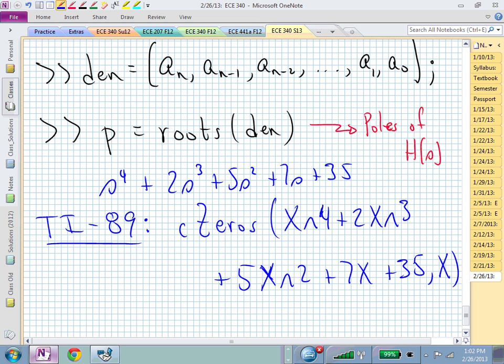So this is how this function works on the calculator: you've entered in the polynomial, and now you're telling the calculator, I want you to evaluate for the values of x that cause that to become 0.